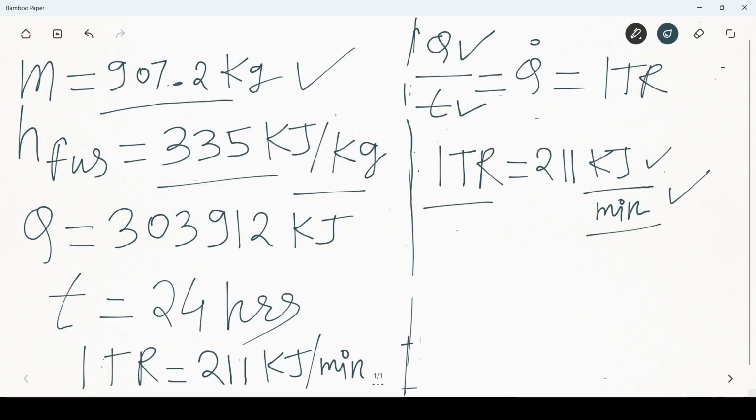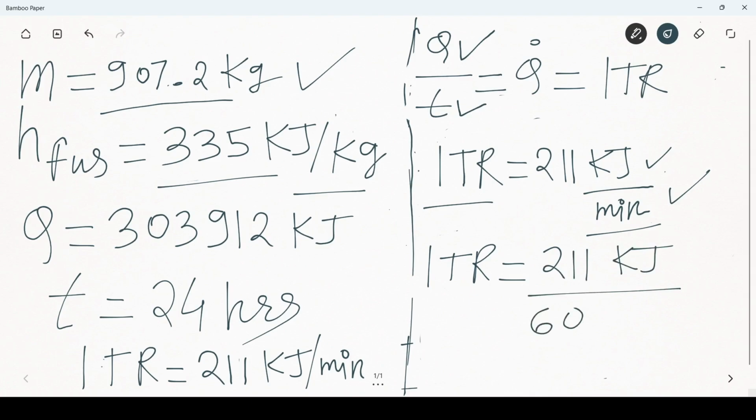Let's convert this minute into seconds. So 1 TR is equal to 211 kilojoule. Instead of minute, I will write 60 second.